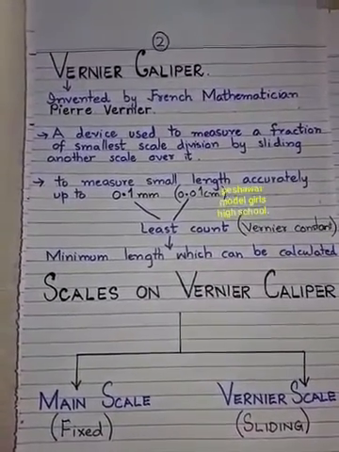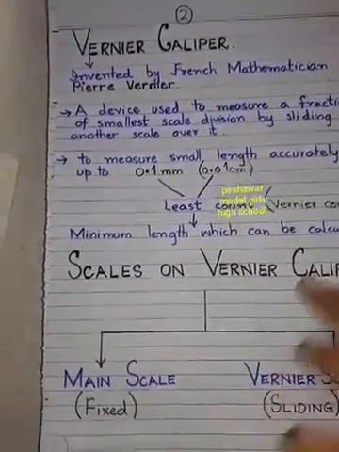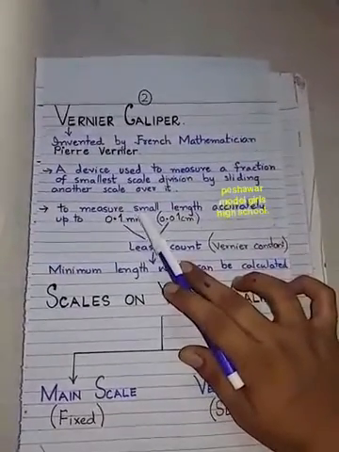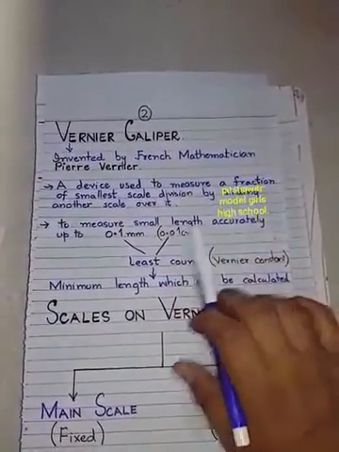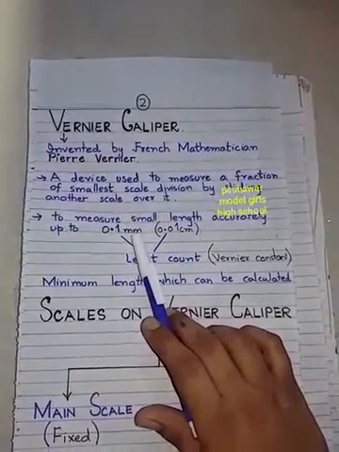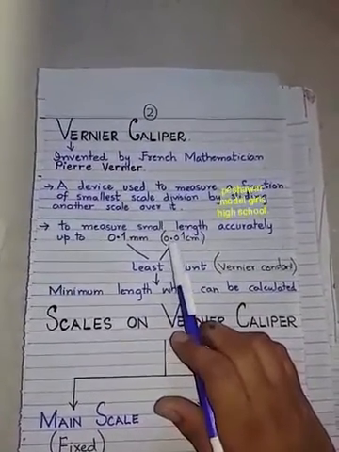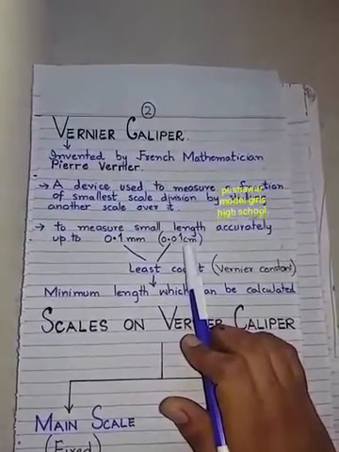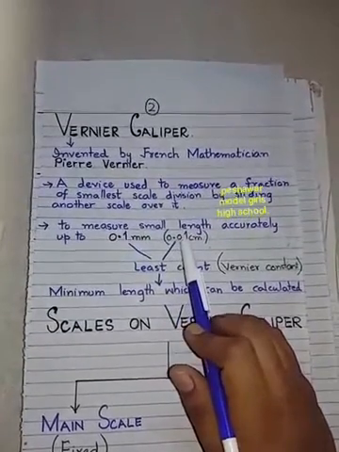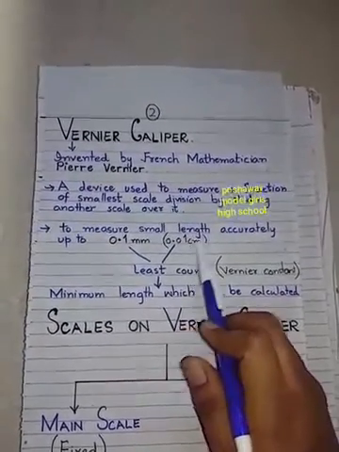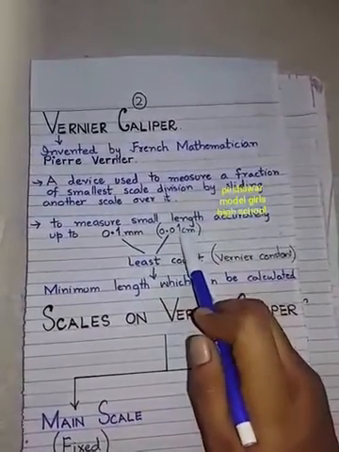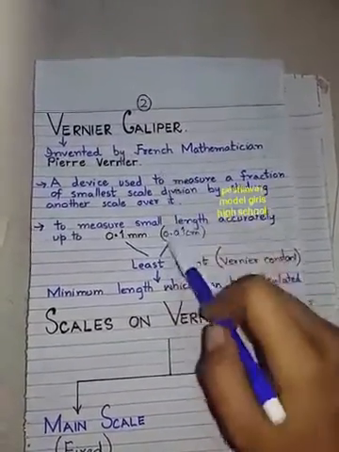Our second definition is that the vernier caliper is a device which is used to measure small lengths accurately up to 0.1 millimeter, or 0.01 centimeter, because 0.1 millimeter is equal to 0.01 centimeter. This is actually the least count of the vernier caliper.